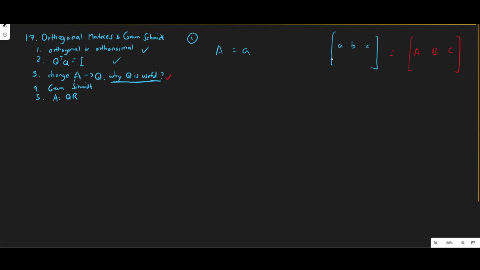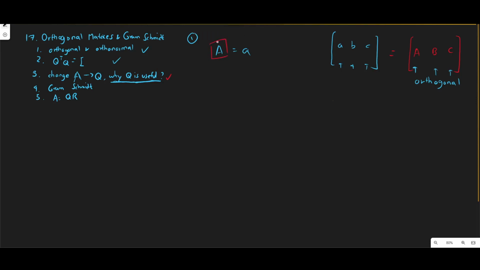First, just to remind again, we have the set of three independent vectors a, b, and c, and we want to get capital A, capital B, and capital C. We always set the initial vector to be A. Remember, this is the orthogonal one. Keep in mind they might not be orthonormal, so all you have to do is divide by its length. So we set A to the small a, and we already have our A.